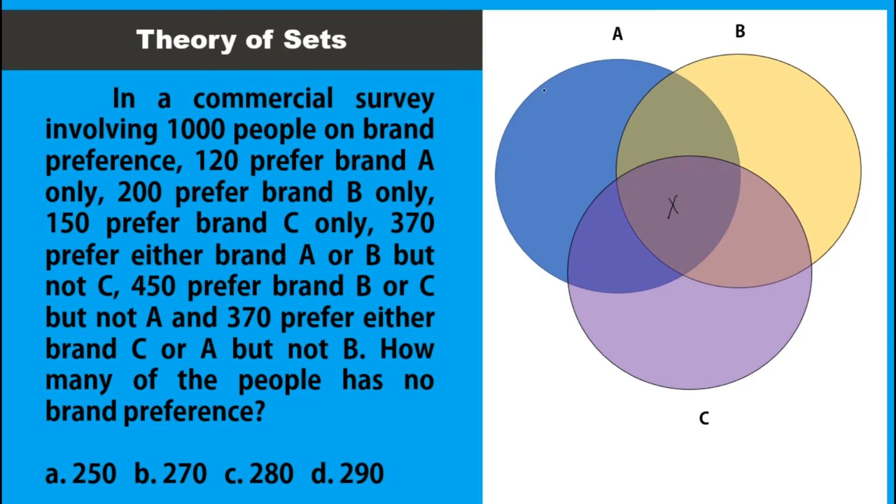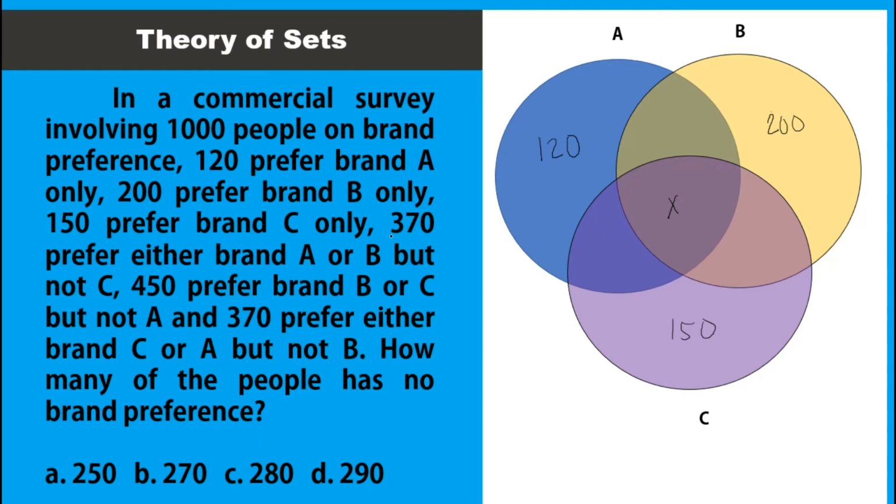This is the portion for A only, so you have 120. 200 prefer brand B only, so this is 200. 150 prefer brand C only, so I have here 150. So we have the next condition.